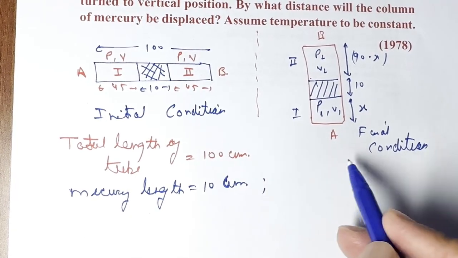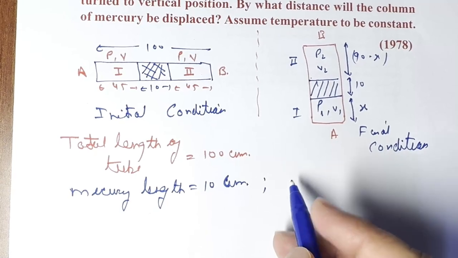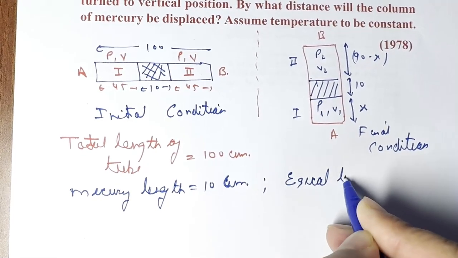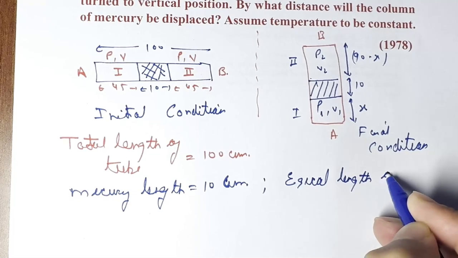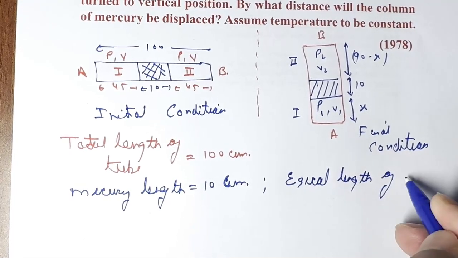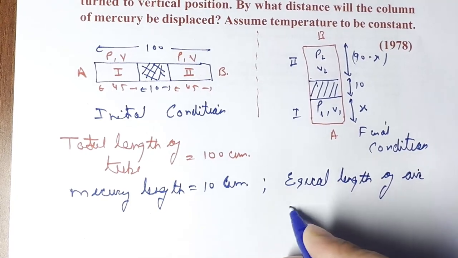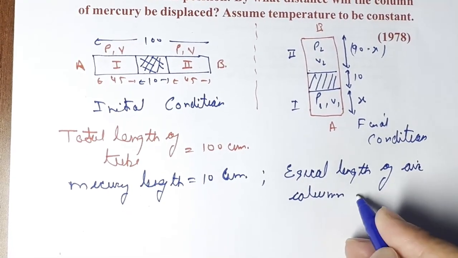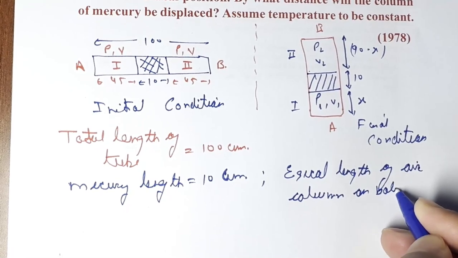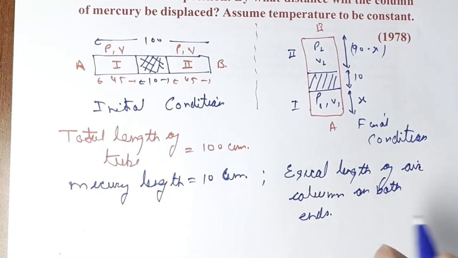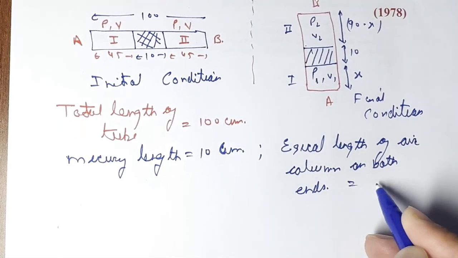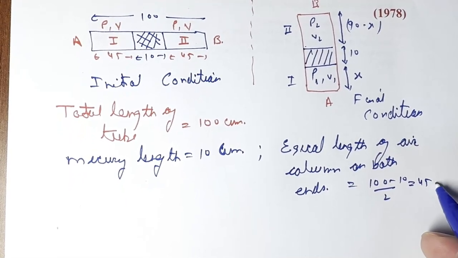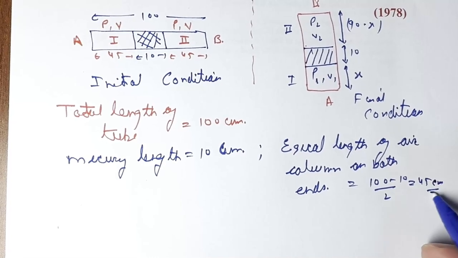So we have equal length of air column on both ends, which we can write as (100 minus 10) divided by 2, which comes as 45 centimeters.